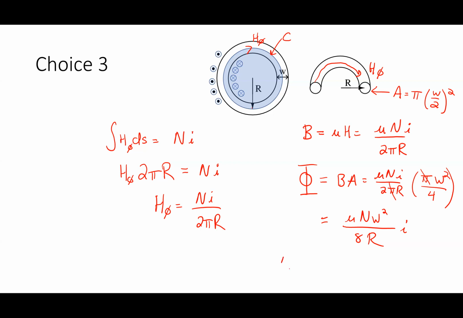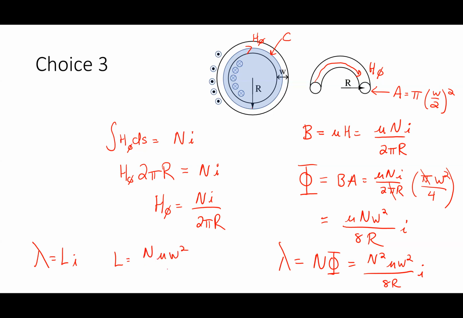So lambda equals n phi, or n squared times mu W squared over 8r times I. Lambda equals L I, so L has to be n squared mu W squared over 8r.